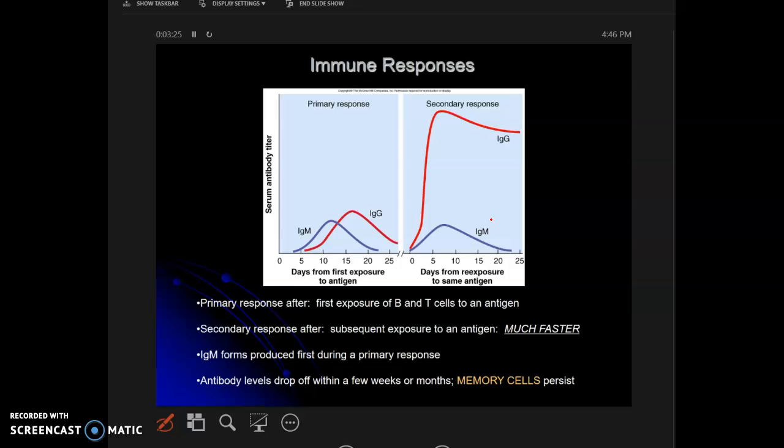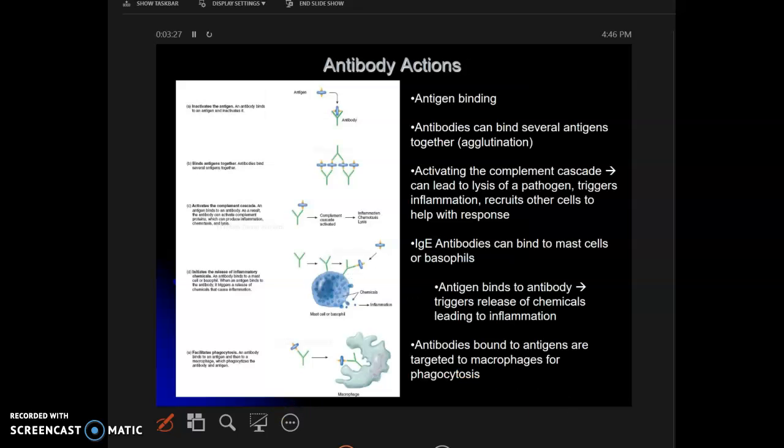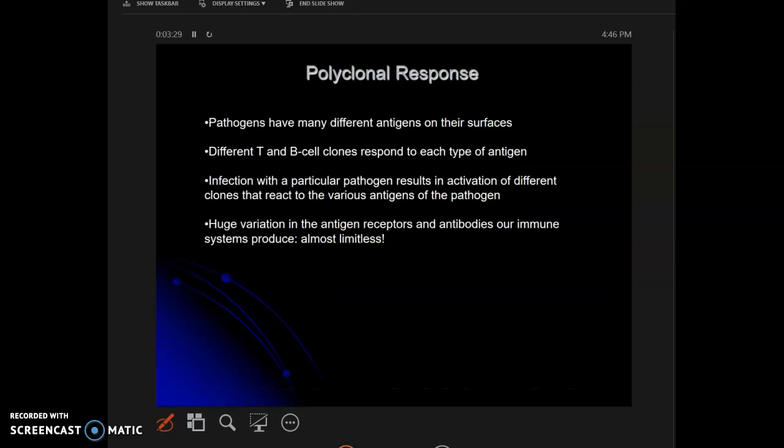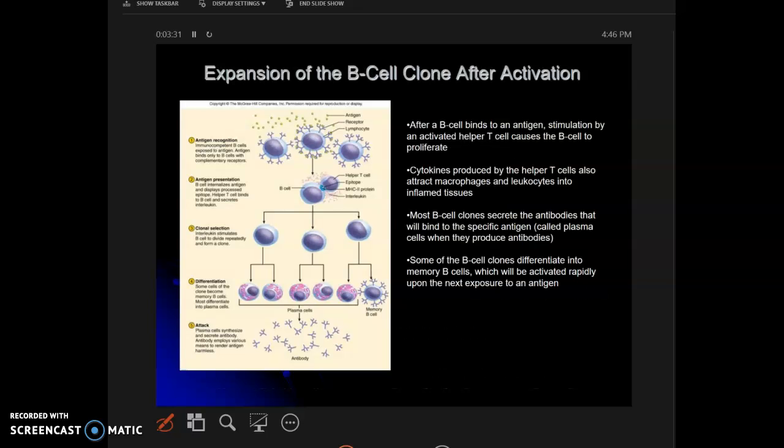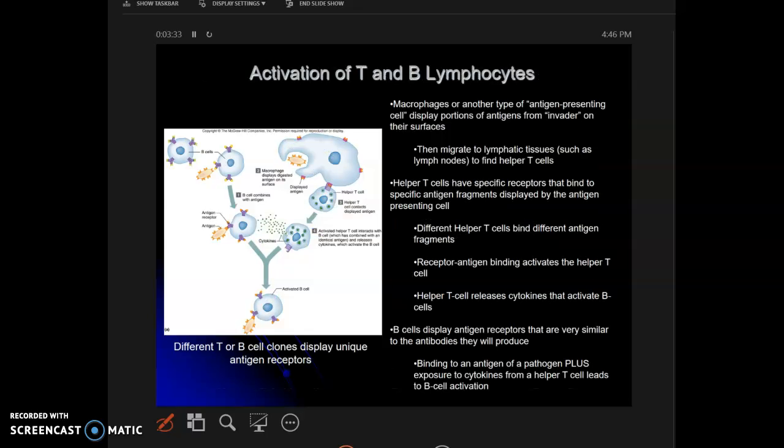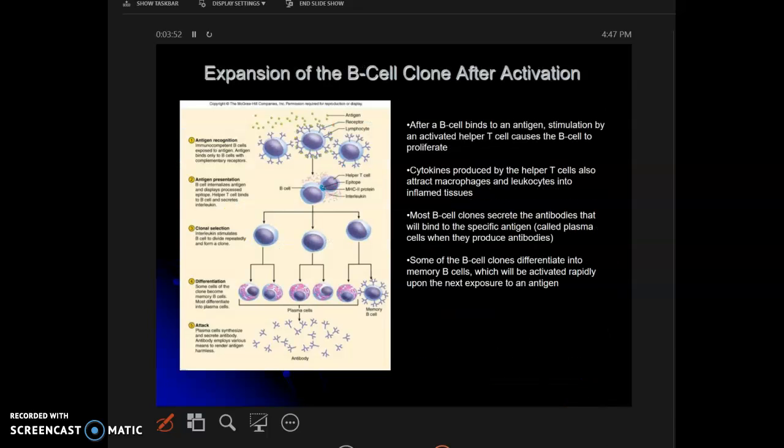If you go back to your slide, you notice that entire process which is required for an antibody to be produced. A macrophage has to first engulf the foreign body, digest it, present it. Helper T cell has to bind to it. A B cell has to be activated.